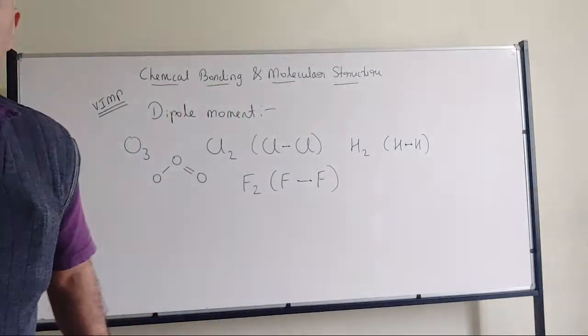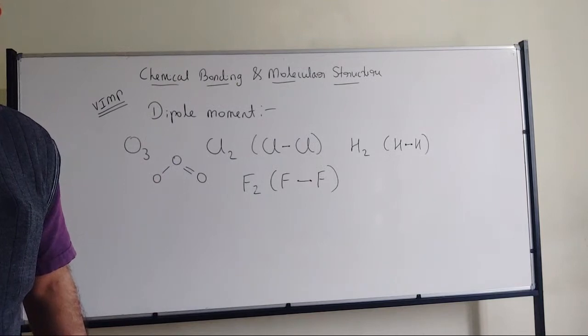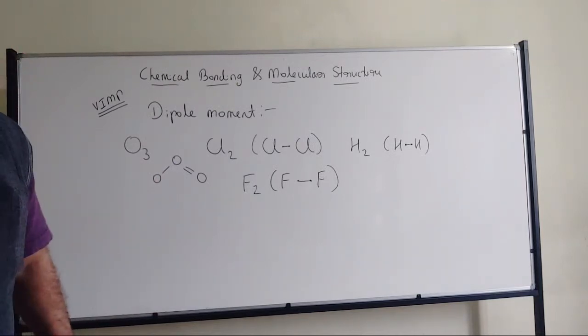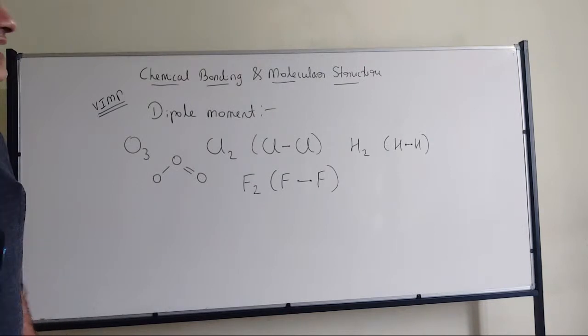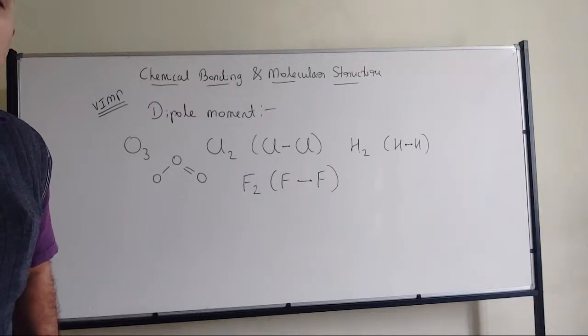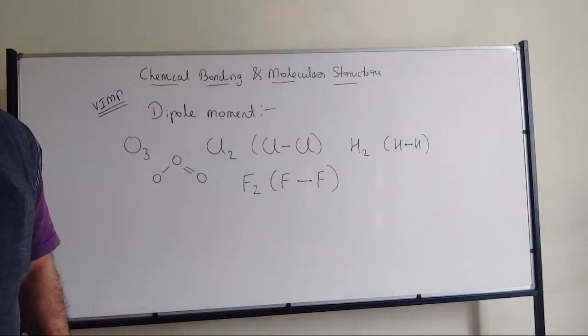All of us know fluorine is highly electronegative. But if you see these examples, still electrons will not be attracted by either element, because both are equally potent, because both are the same element.